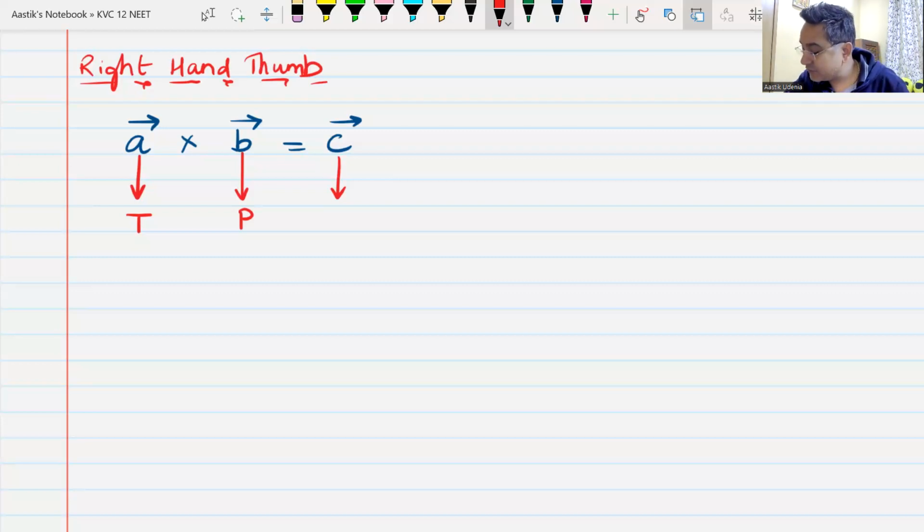The direction of your fingers will give you the direction of your magnetic field. Now, how are we going to apply it for the magnetic field?